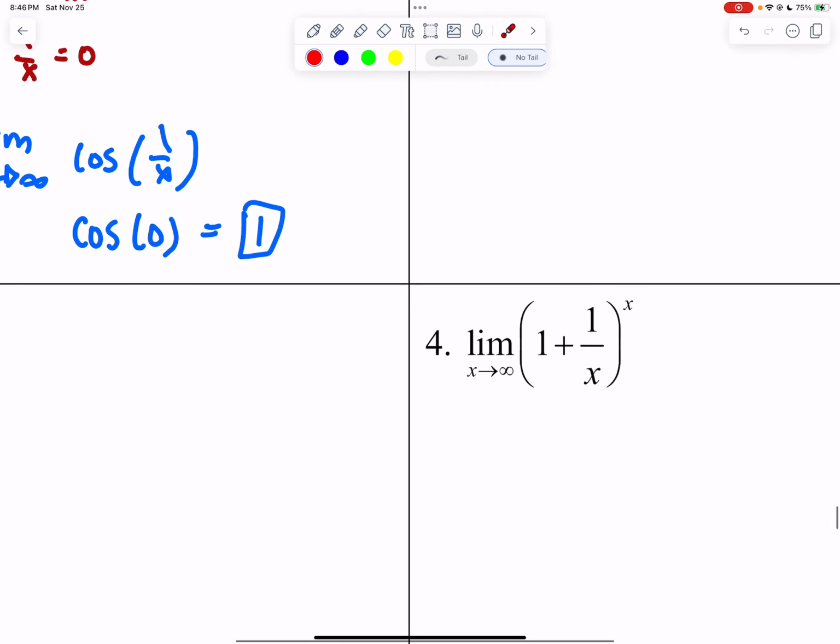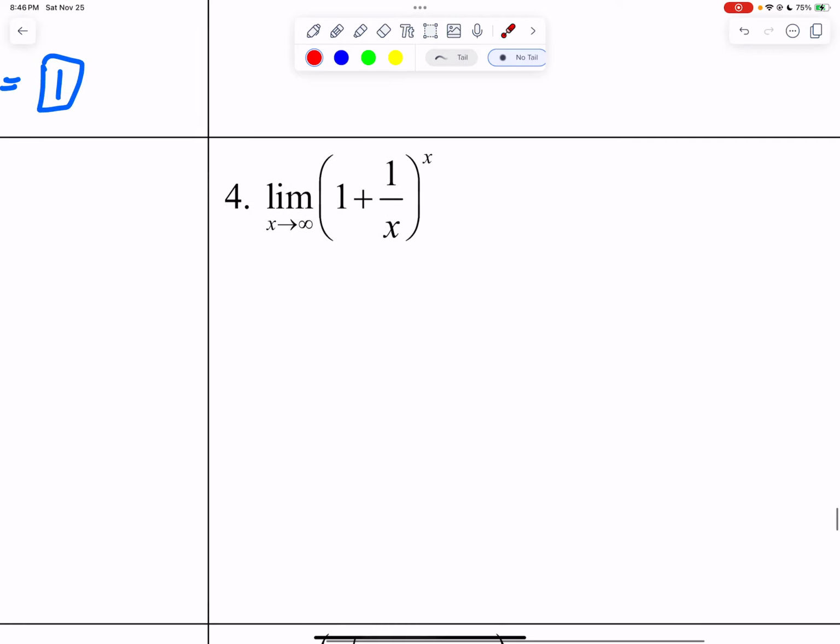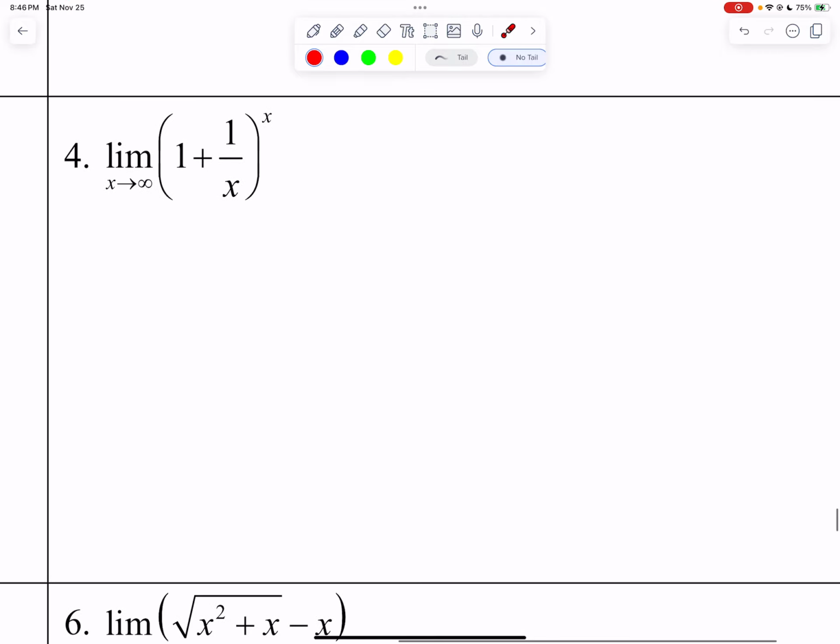All right. We're going to do something similar to number 1, where we have that 1 over x, except we have something raised to an exponent of x. Now we have a function raised to another function. So remember that because we have something like this, we will probably most likely have to use something in terms of logarithmic differentiation.